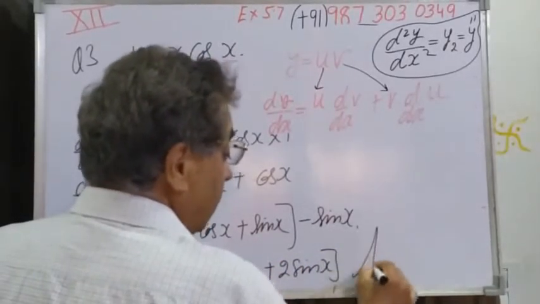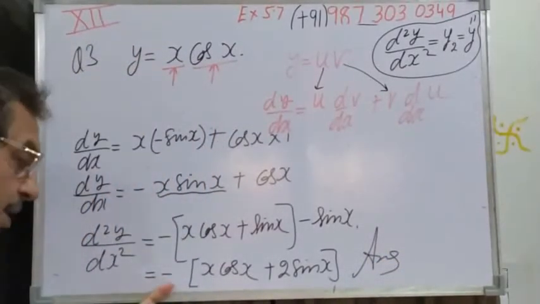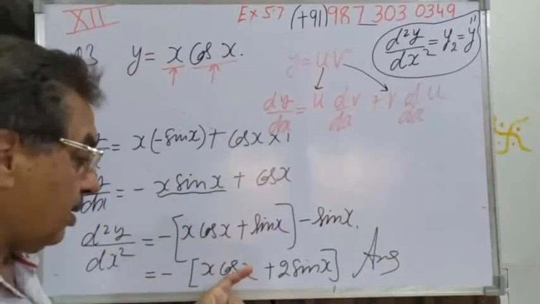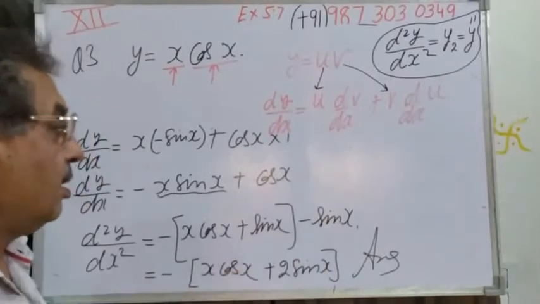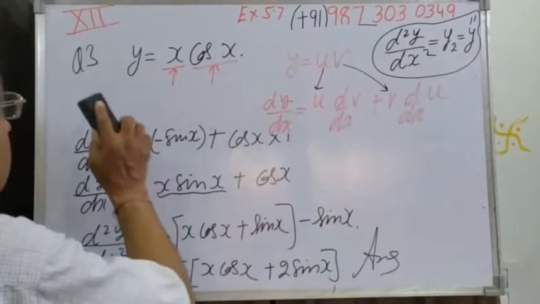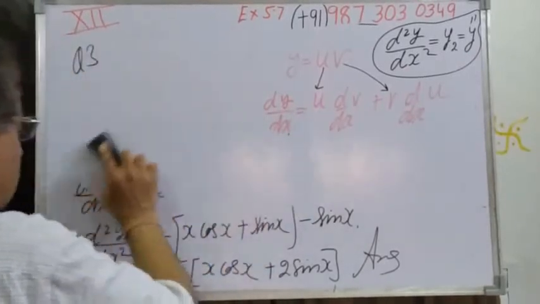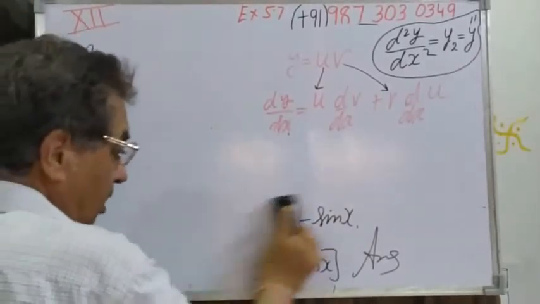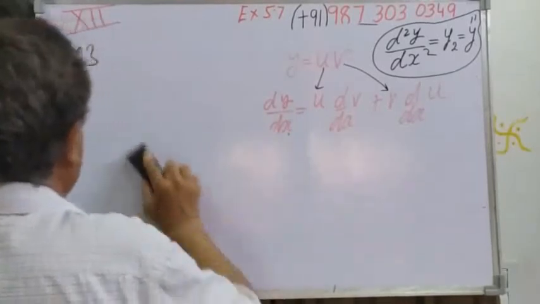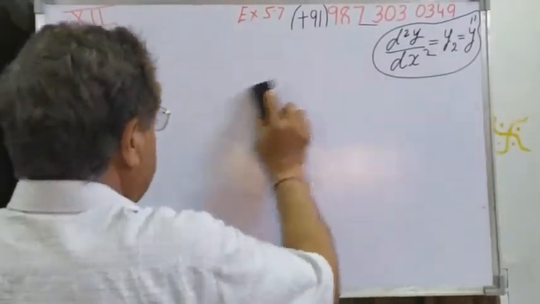So our second derivative is minus x cos x plus 2 sin x. That is the second derivative of question number 3 of our NCERT. A product of two functions was given and we had to find the second order derivative.